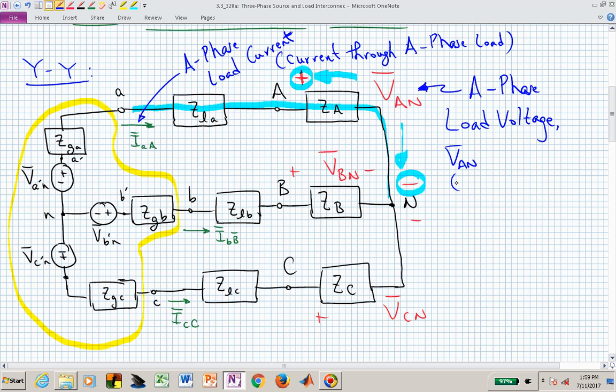And we're calling it the A phase load voltage because that's the voltage across the A phase of the load.